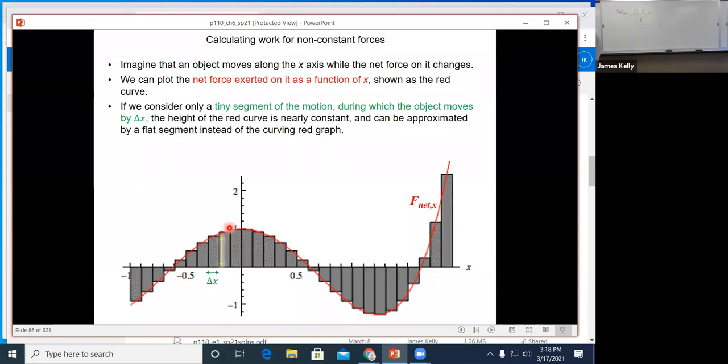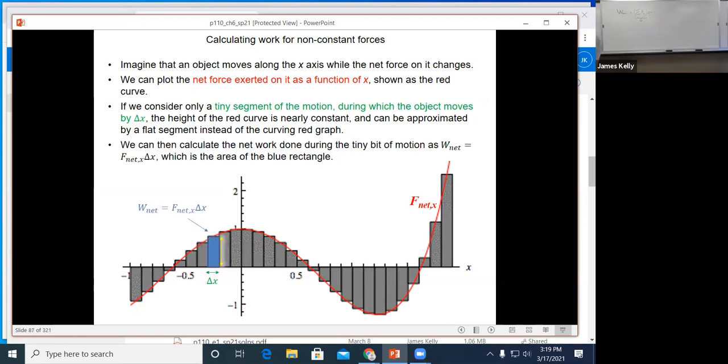And notice that for that small delta x, the force doesn't change too much within that very small region of the x-axis. So the force is approximately constant, and I could treat it as if it's actually constant there. And if I notice the height of the curve is F_net x, and this is delta x, I could interpret the area of this rectangle right here as the net work done on that object in this little small displacement. I'm showing that as just the area of that blue rectangle.